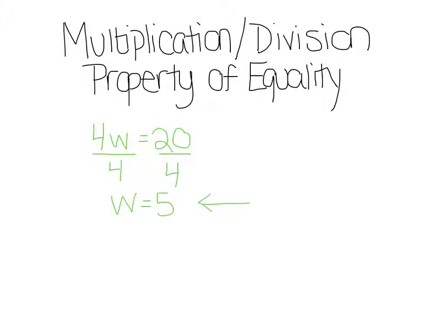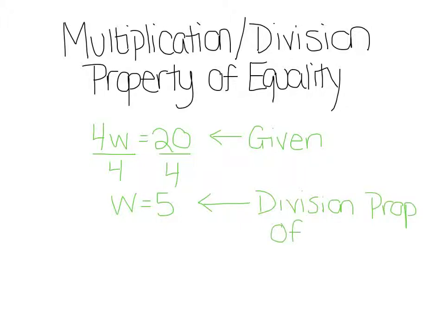Well, going from our original, this is what we're going to call the given. It's the equation you're starting with. We divided by 4 on both sides, so we used the division property of equality to get the answer w equals 5.